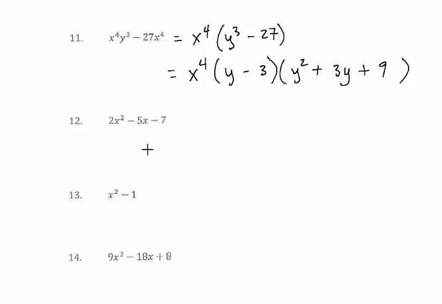Number 12, there is no greatest common factor, but we do have a coefficient other than 1 here, so we're going to do either the AC or the Lizzie method. So step 1, we write 2 times -7, and we get -14. Step 2, we factor -14 as 1 and 14 and 2 and 7.